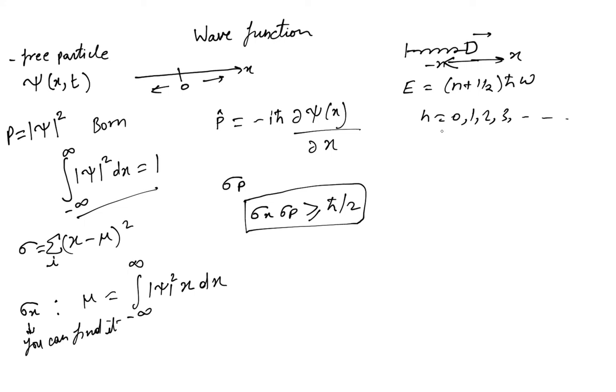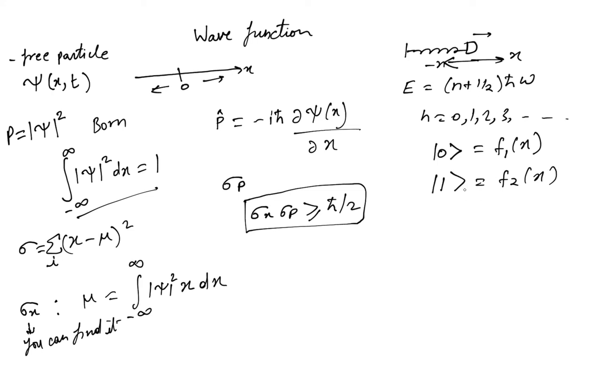If it's in state 0, which means the lowest ground state, it is expressed something like this. It is some function of x. I don't exactly remember, but we'll talk about this later. Also, there is another function of x for the next state, and so on.